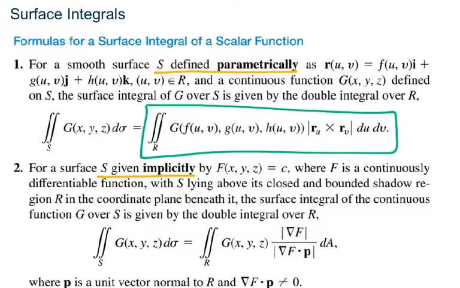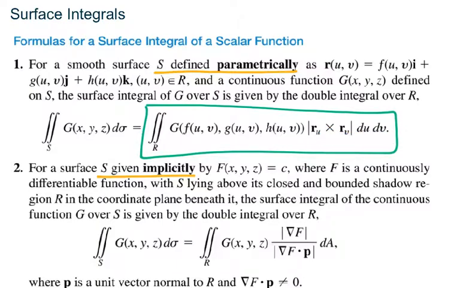If we're dealing with a surface defined parametrically, and we've got that r vector, as long as it's a continuous function defined on the surface, we're going to plug in each of those components, and then we're going to have the magnitude of r sub u cross r sub v, du dv.